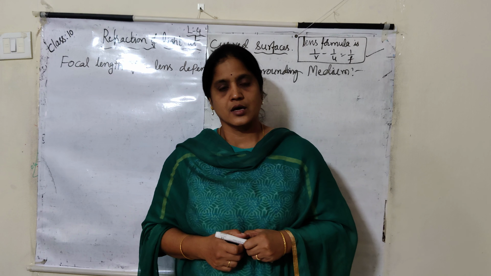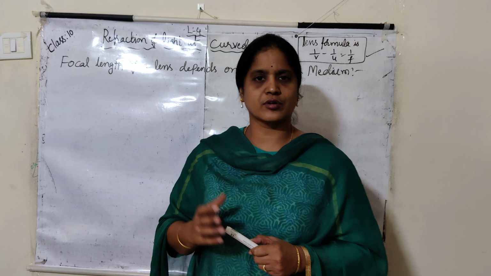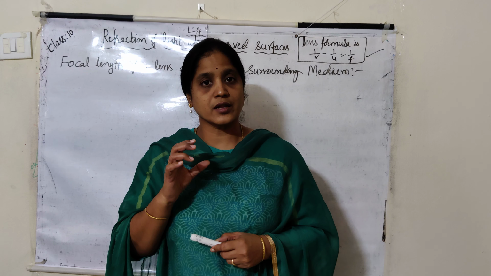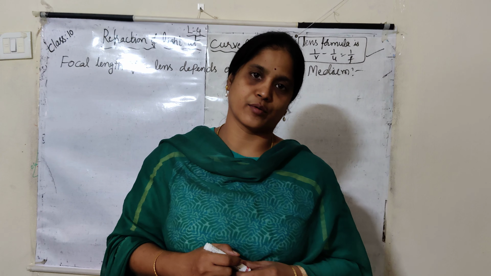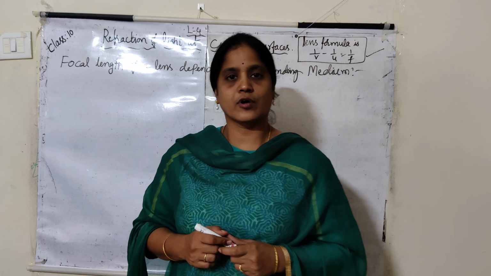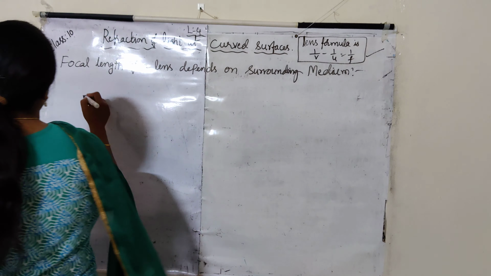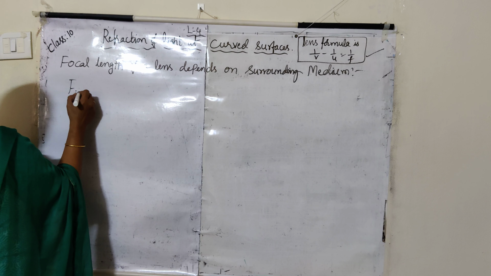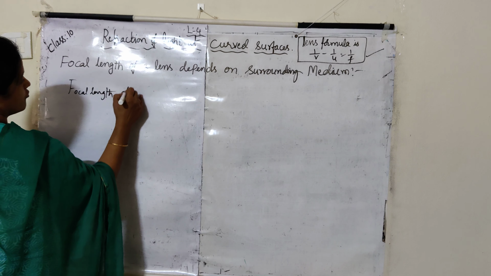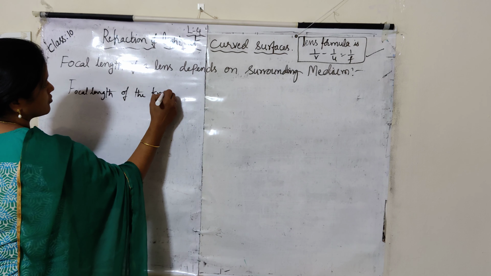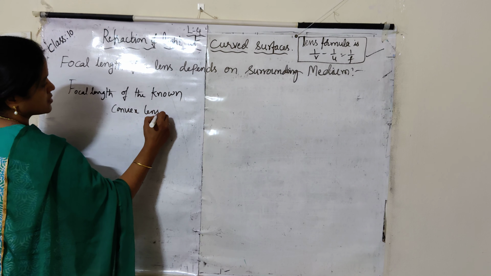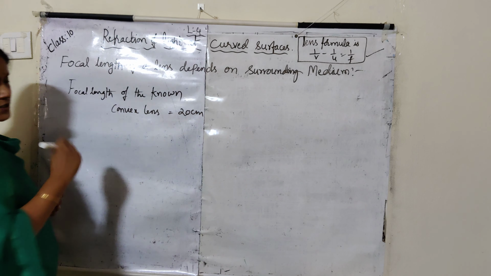You must take a lens of known focal length. In the lab activity we took that lens. Either you take that one or any other, but the focal length of the lens should be known. For example, the convex lens you are taking has a focal length of 20 centimeters.